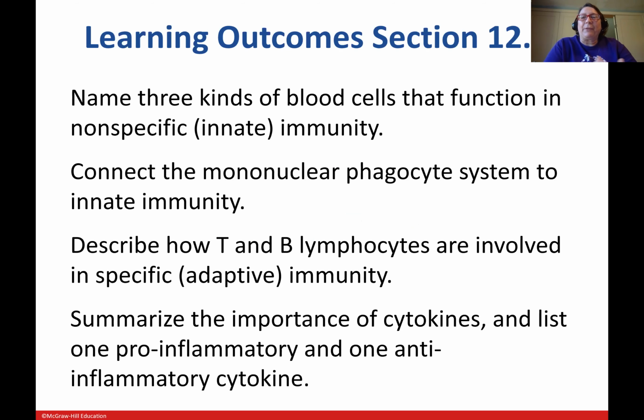We're going to talk about 3 different types of blood cells that function in non-specific or innate immunity. We're going to connect the mononuclear phagocyte system to innate immunity, describe how T and B lymphocytes are involved in the specific or adaptive half of the immune system. And we're going to summarize the importance of cytokines and list both pro and anti-inflammatory cytokines.